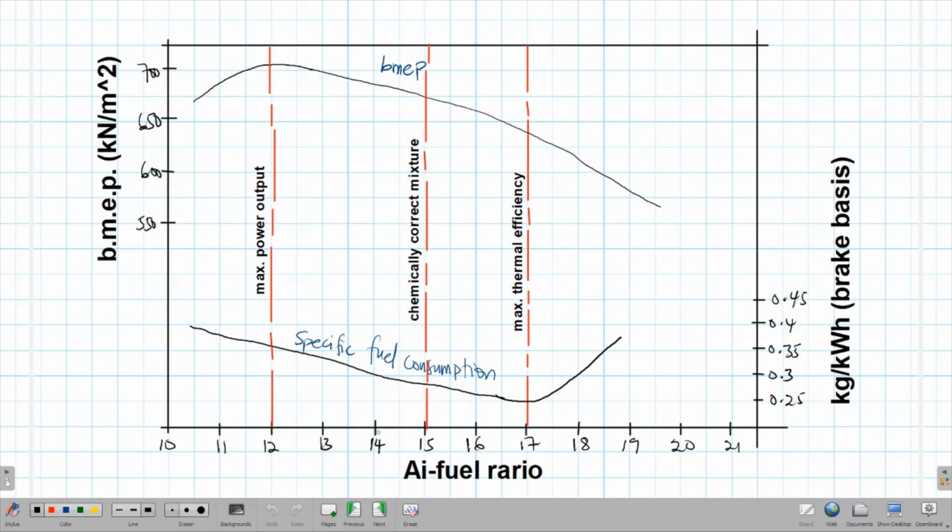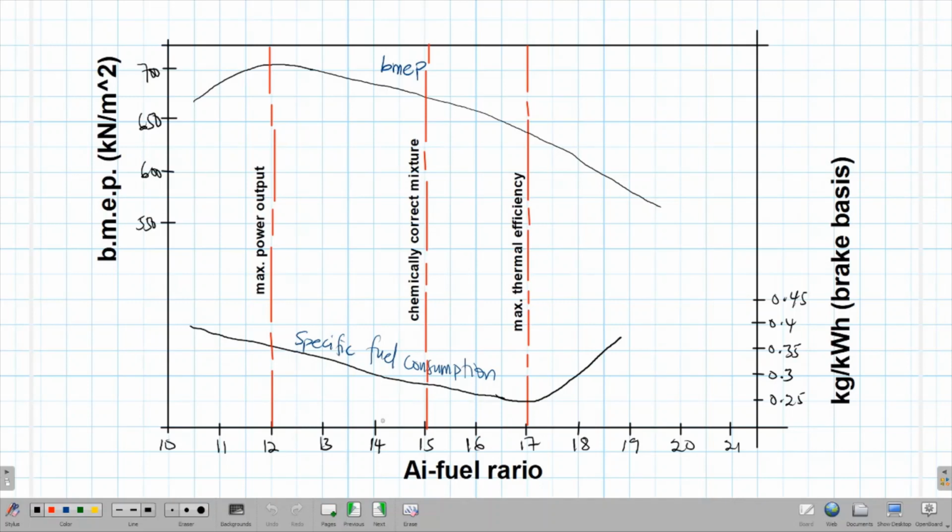On the curves, you will observe that the chemically correct mixture is not the best to be employed for either economy, that is for low fuel consumption and therefore high thermal efficiency, or for power output, that is for obtaining high values of brake mean effective pressure and torque.